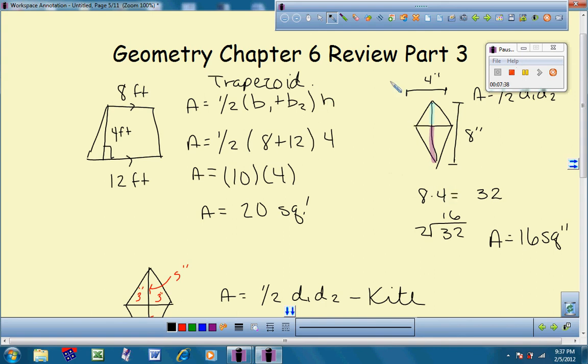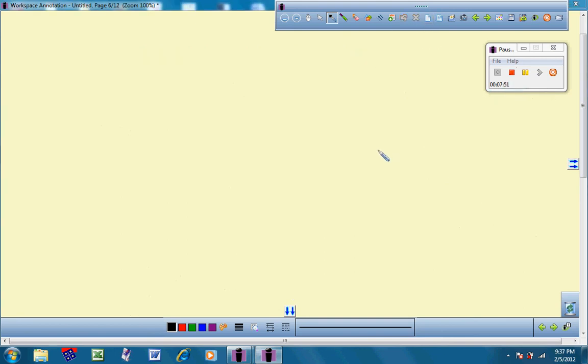The last part of your test is going to ask you to sketch certain types of polygons. You will have to be able to sketch a particular equilateral polygon, an equiangular polygon, a regular polygon, and a concave polygon.